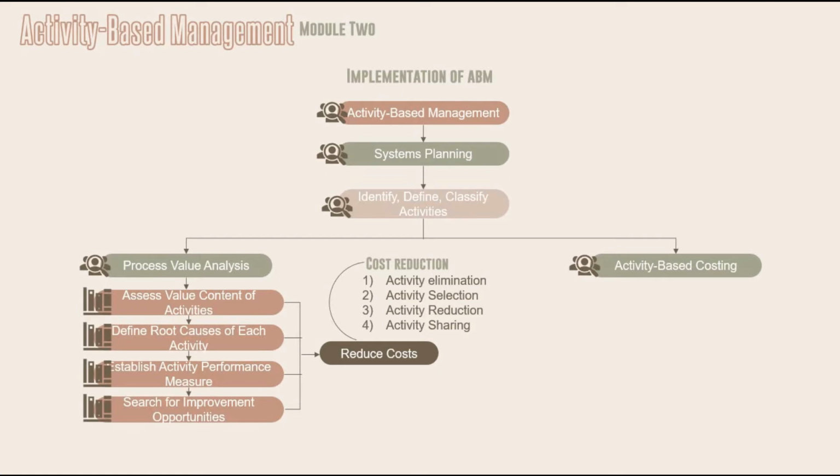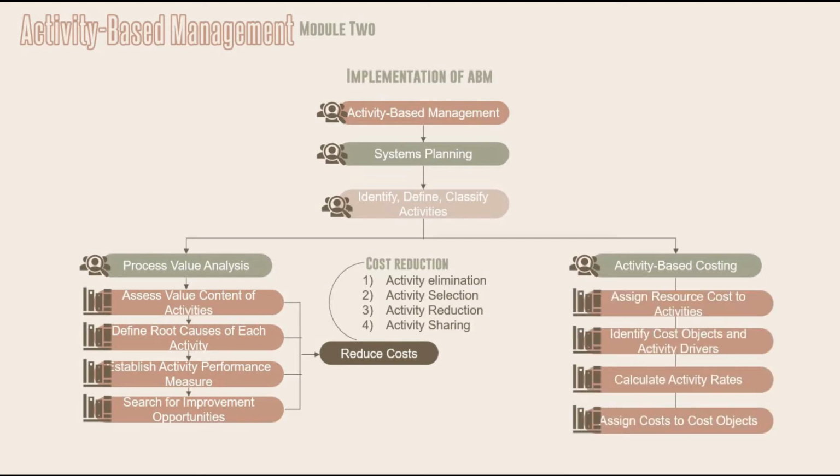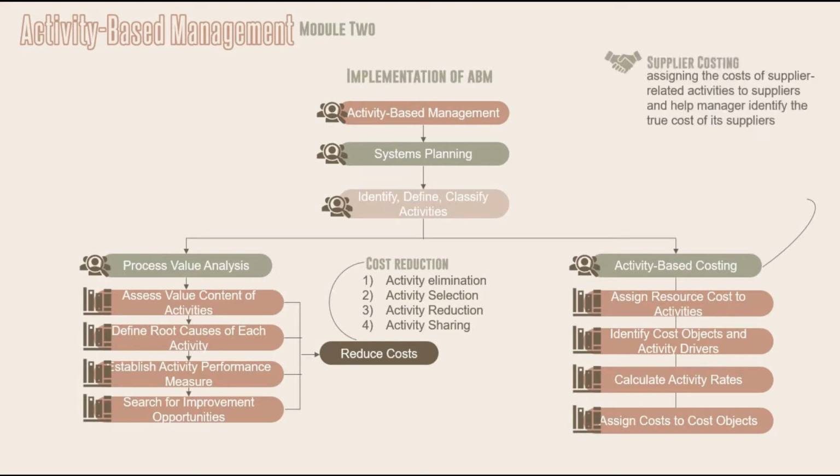Now let's place all the processes that are being done under ABC. ABC costing also involves supplier costing and customer costing. The supplier costing involves assigning the costs of supplier-related activities to suppliers and helps managers identify the true cost of its suppliers, while customer costing involves assigning costs of customer service to customers.